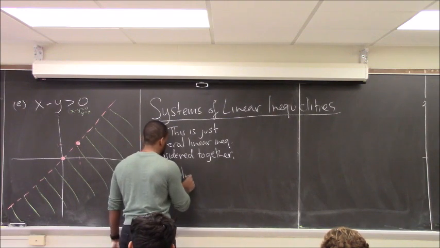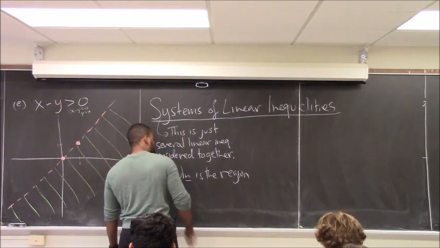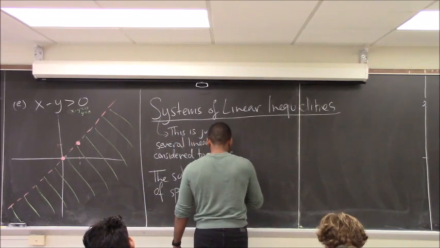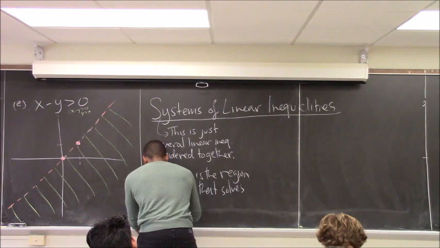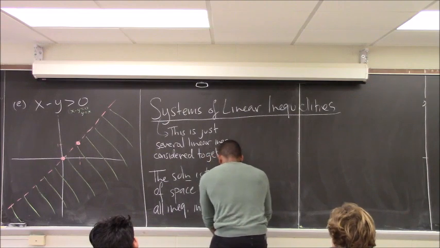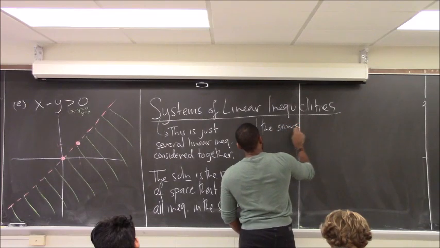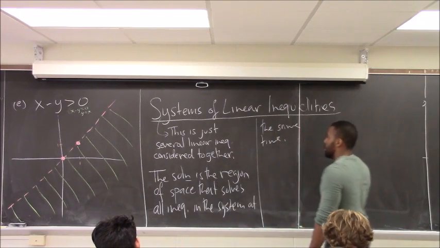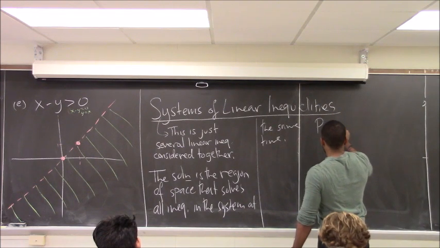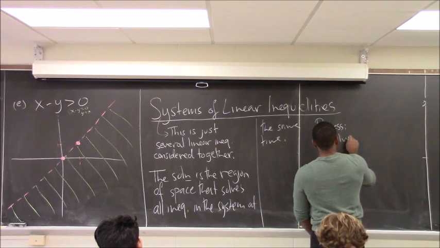The solution is the region of space that solves all the inequalities in the system at the same time. Pretty much the process for getting this done: solve one at a time, find the overlap.